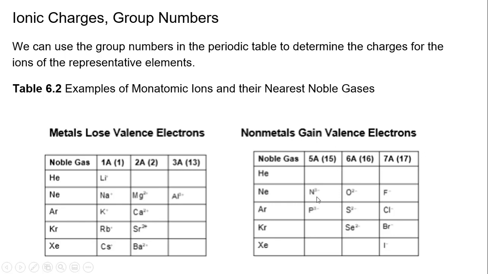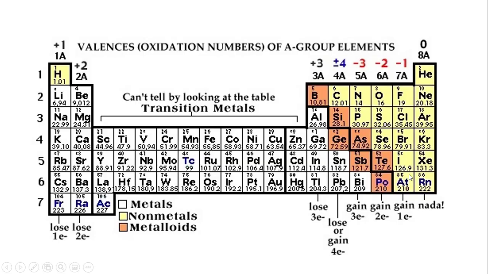Nonmetals gain valence electrons. A 3 minus, 3 minus. Noble gases have nothing. And then here, 6. So that means it needs 2 to make 8. 2 minus, 2 minus, 2 minus. This is selenium. 7 needs 1. Fluoride, excuse me. See, I haven't caught myself. Chloride, bromide, iodide. And then here's the chart again.